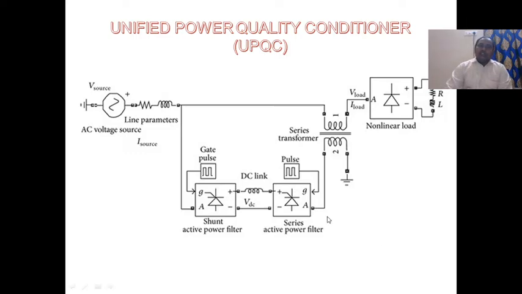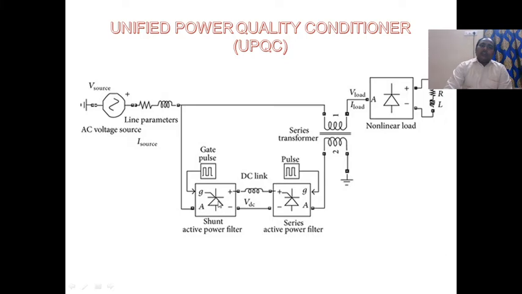There is a series transformer used for injecting the voltages. So the operation is, whenever there is a non-linear load, the compensating voltage is taken by the shunt active power filter using gate pulses.